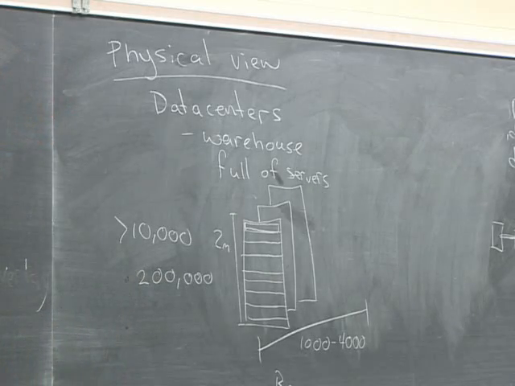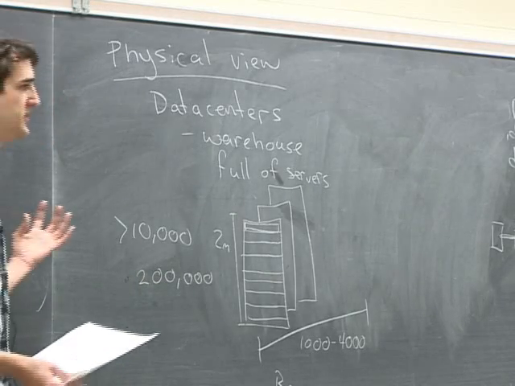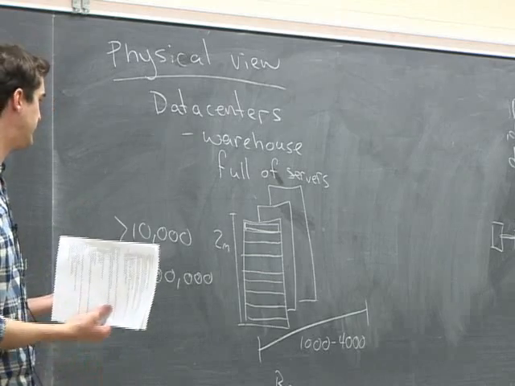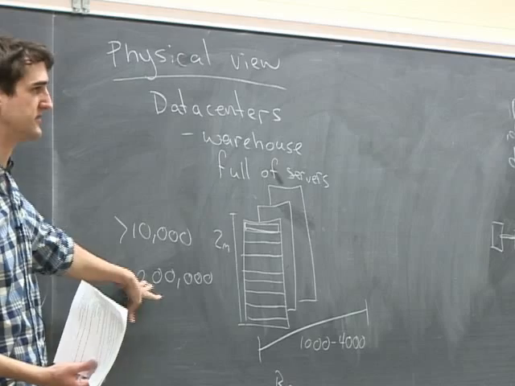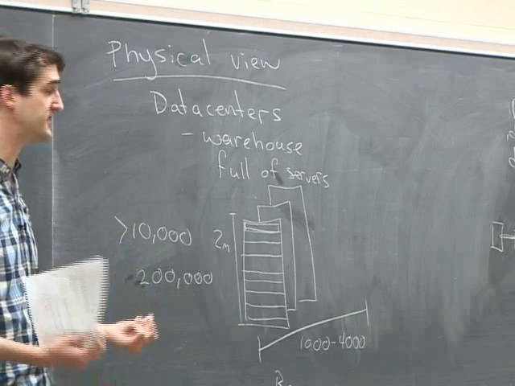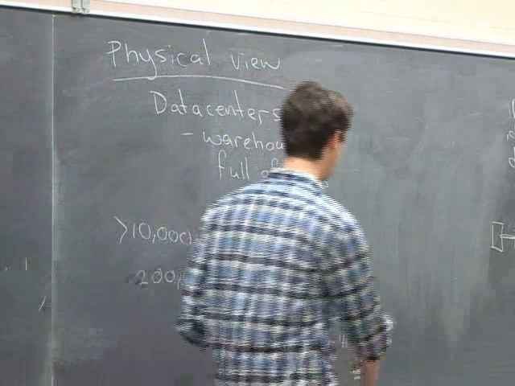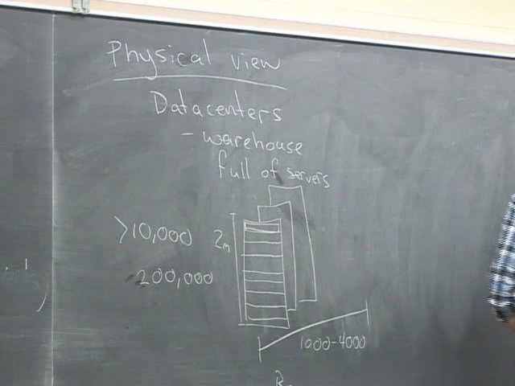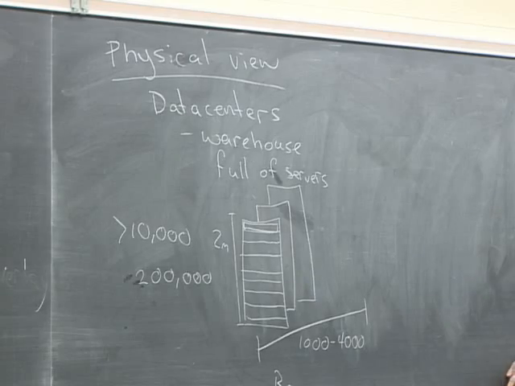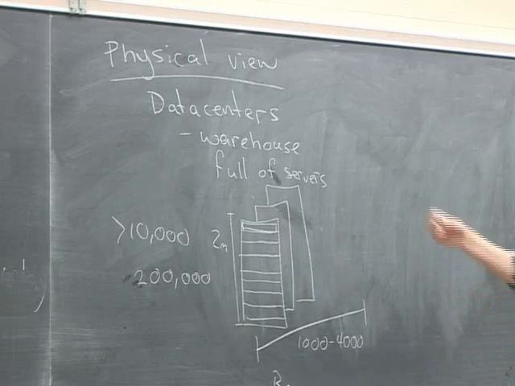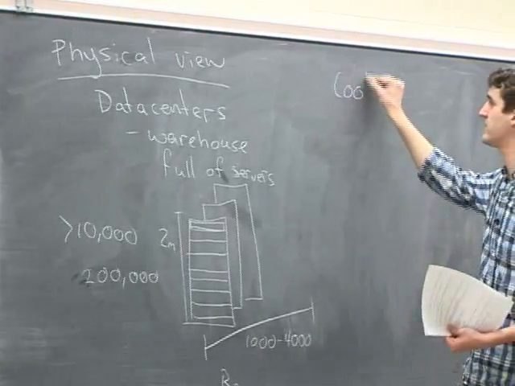In the beginning of class, we were looking at peer-to-peer as a way to gain efficiency, because when we pack 200,000 servers into a big warehouse, things get really hard. Each of these servers uses a fair bit of power, and when we have that many in a small space, the number one concern is cooling.